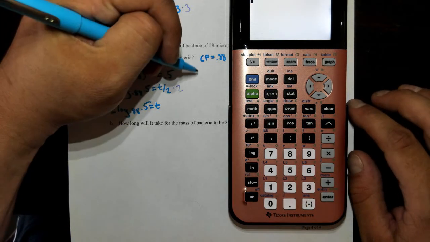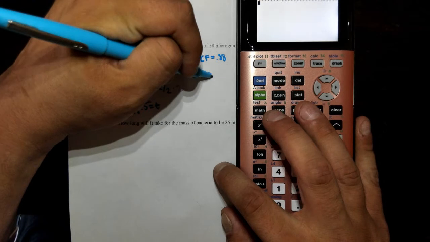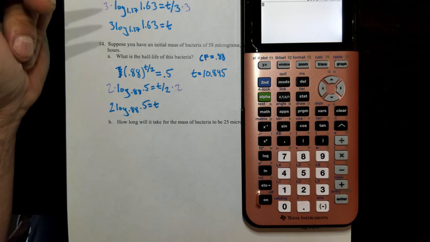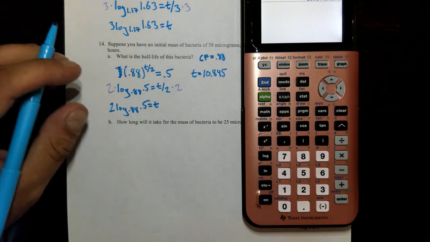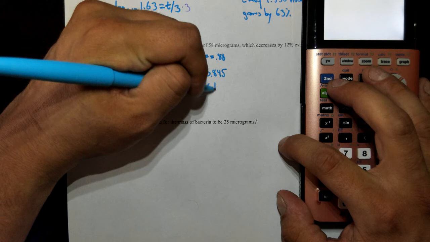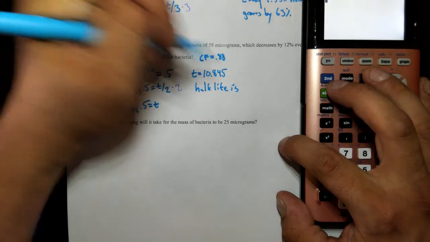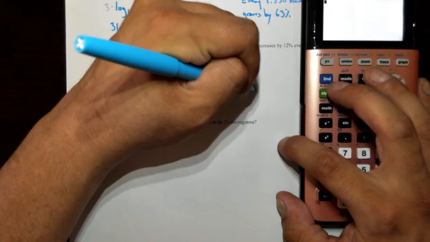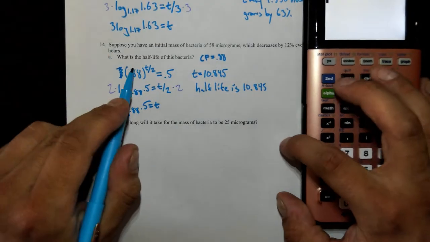And we get t is equal to 10.845. Okay, so the half-life is 10.845, and what is the unit? Hours.